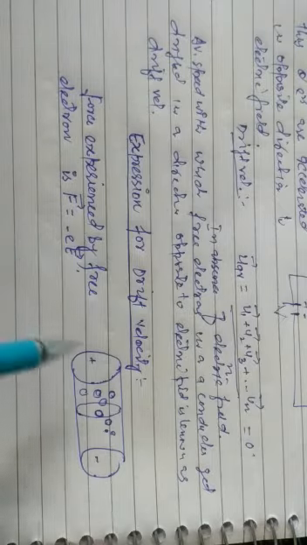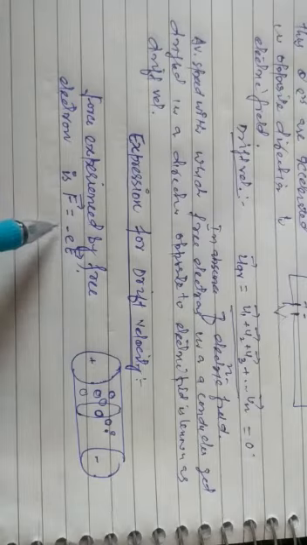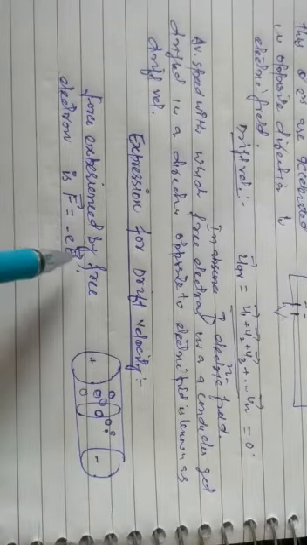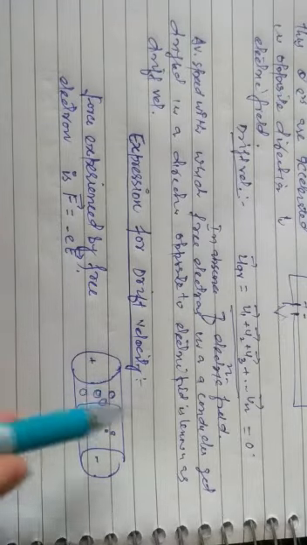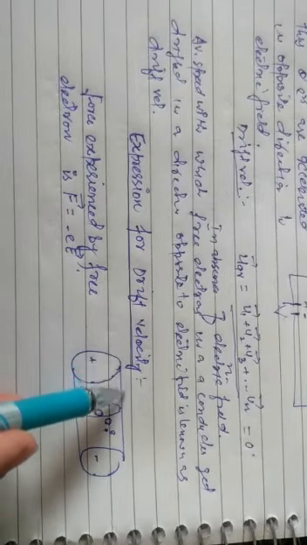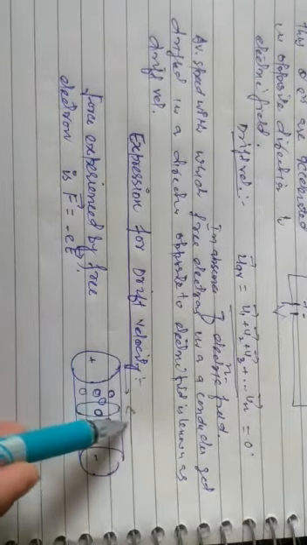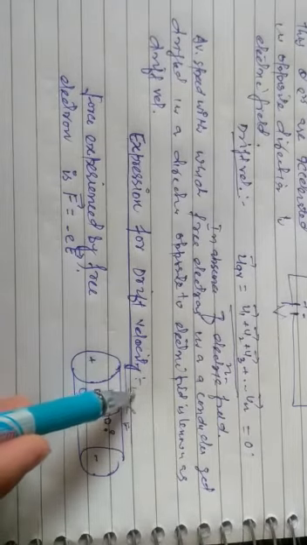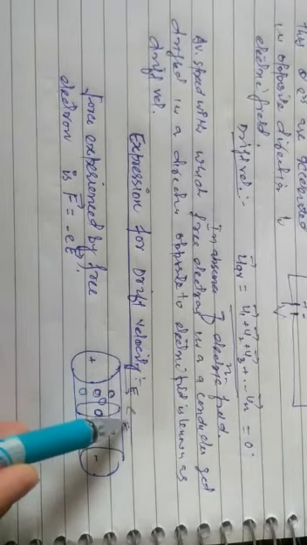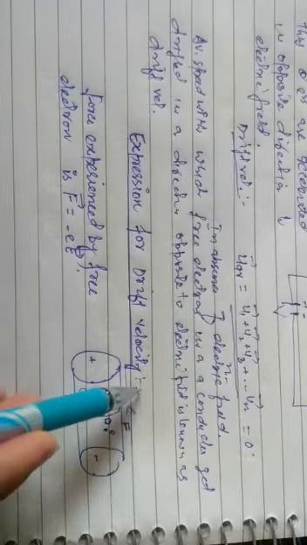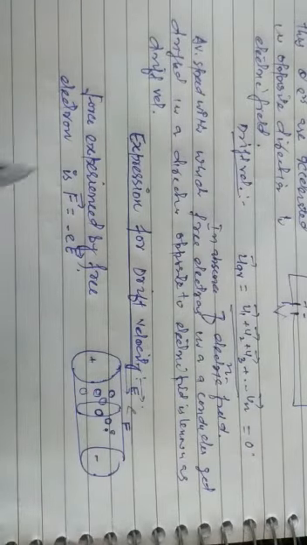But this is experienced once there is application of electric field. The negative sign shows that force F and E are in opposite directions. This is the direction of F and this is the direction of E, electric field and force. Now as there is force, there will be acceleration.